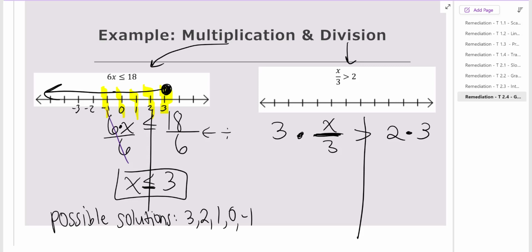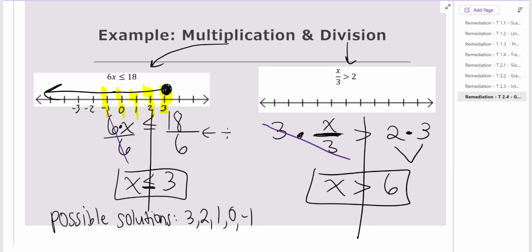Si queremos la x sola, necesitas hacer el opuesto. So esta es división, el opuesto es multiplicación. Y si queremos la X sola, necesitamos eliminar a 3. Now I have X is greater than 2 times 3, which is 6.